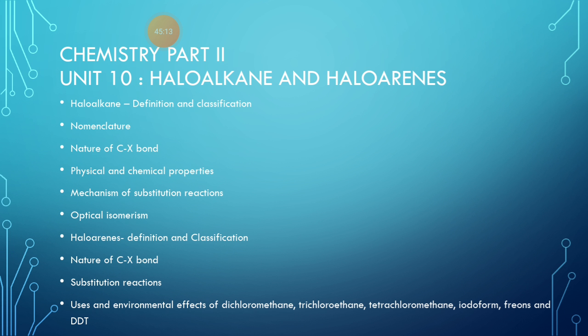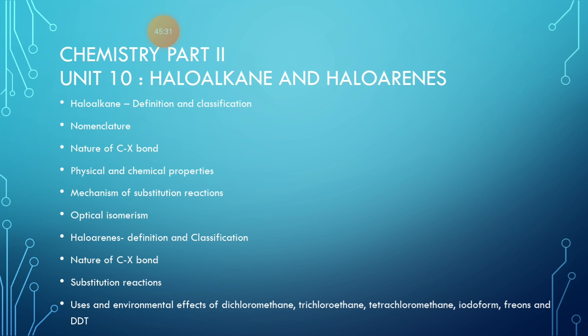Then the physical and chemical properties of haloalkanes and haloarenes we are going to learn. We are going to learn about the mechanism of substitution reactions. In this particular point we are going to learn about the mechanism of nucleophilic substitution reactions.